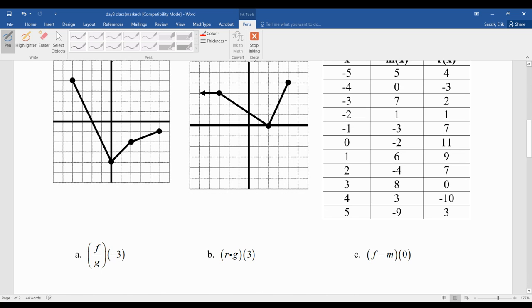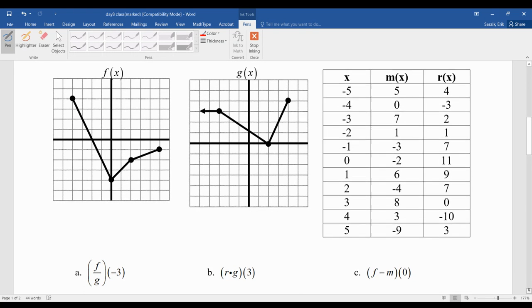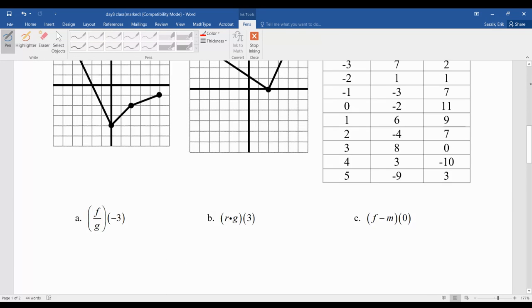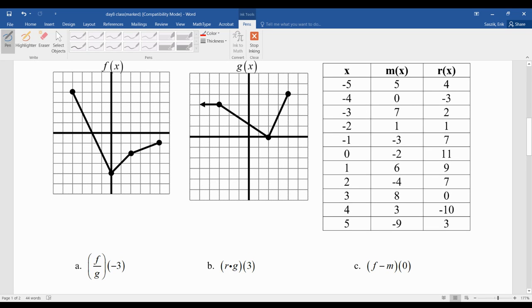Okay, so this is similar to the sheet we did the other day. We have a table, and we have a couple of graphs, and we can answer the problems based on that given information. So here, I'm going to do this one above. I'm going to find f of negative 3. Remember, this is the input, also known as the x. So I go 1, 2, 3 because the x-axis goes across.